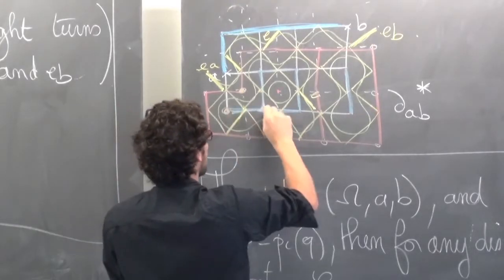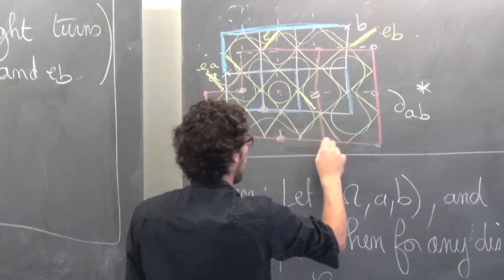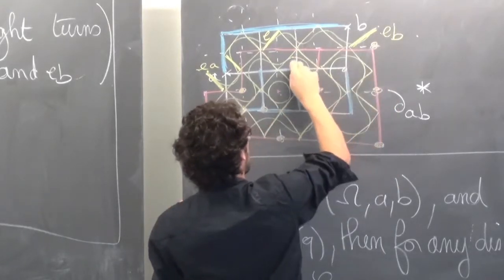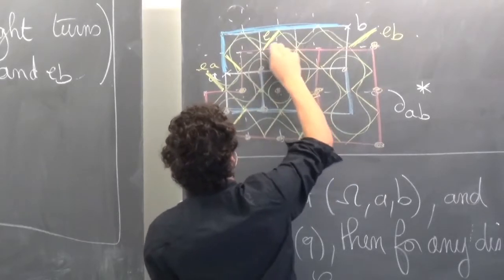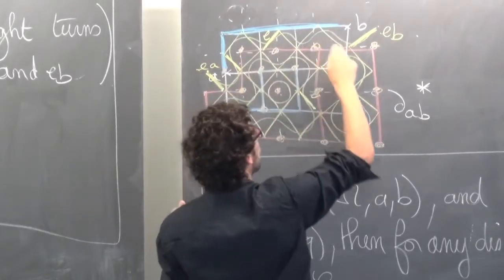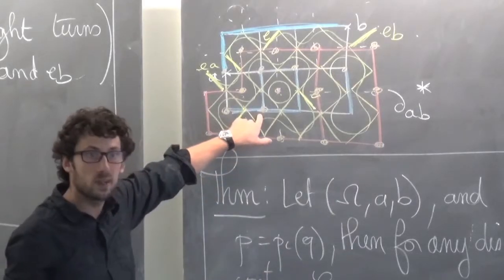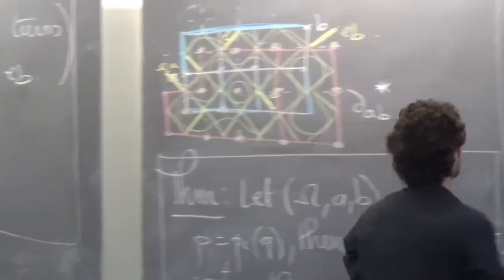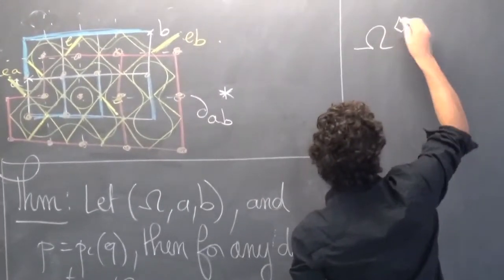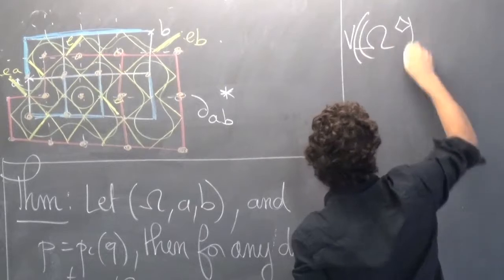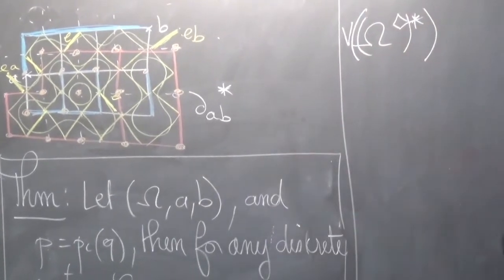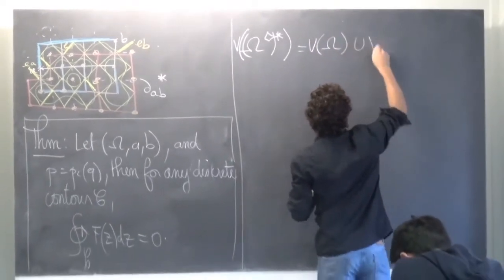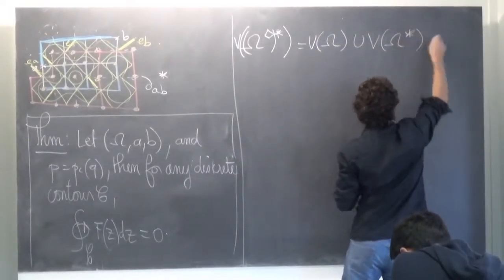The vertices are exactly the centers of the faces of my graph. I'm going to include also the exterior faces. So it's simply the vertices of either the primal or the dual lattice. So omega, if I look at V of the dual of the medial graph, it's just V of omega union V of omega star.